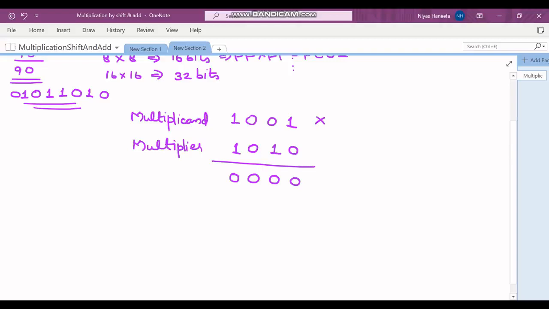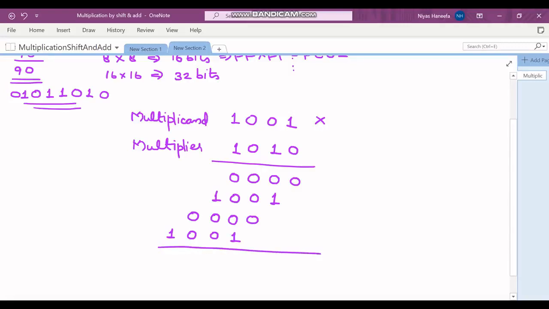When you multiply the next 1 with the multiplicand, you will get 1, 0, 0, 1. Then when you multiply with 0, you will get 0, 0, 0, 0. Then again multiplying by 1, you will get 1, 0, 0, 1.